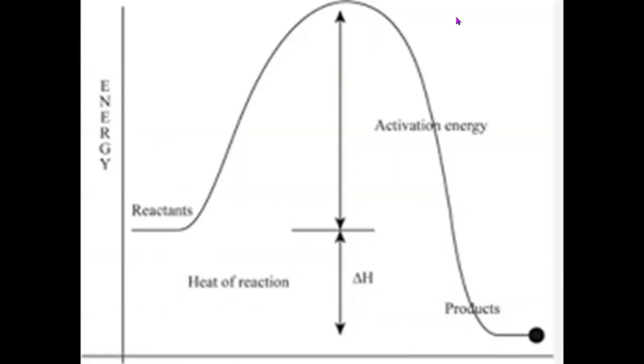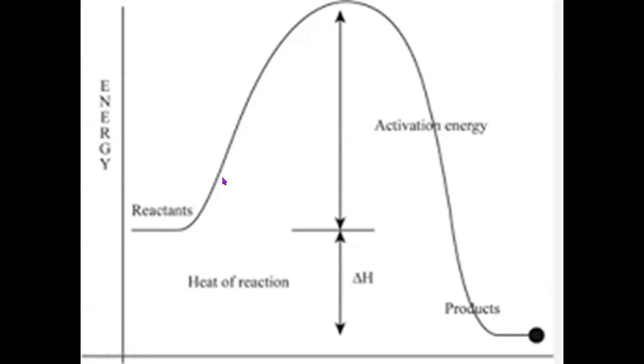So this much energy, from 0 to this much energy, is required. It is called threshold energy, and actually the molecules of reactants initially, in the beginning, have this much energy, but they have to pass this barrier.